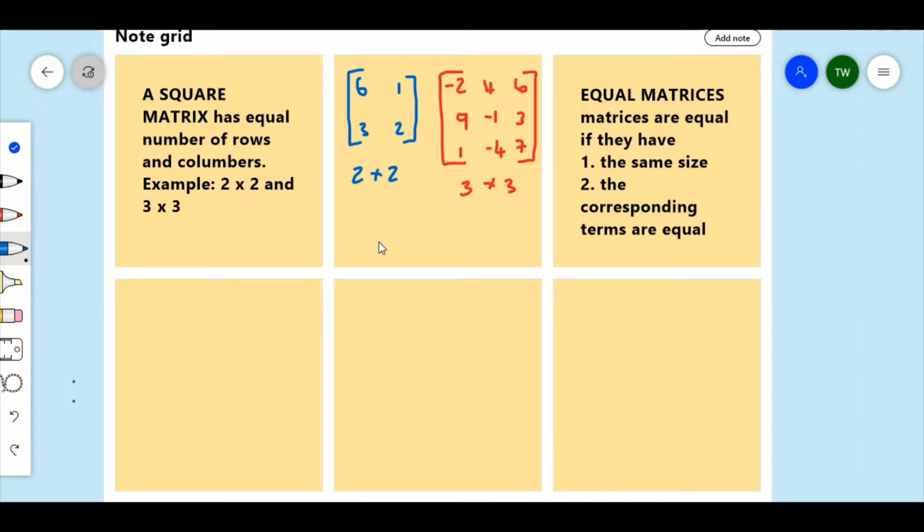What are equal matrices? Matrices are equal if they have 1, the same size, and 2, corresponding terms are equal. For example, let's say that we have the matrix 3, -2, 7, 4.